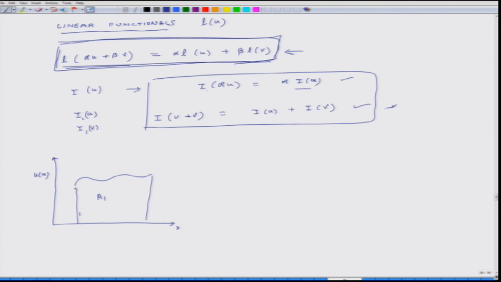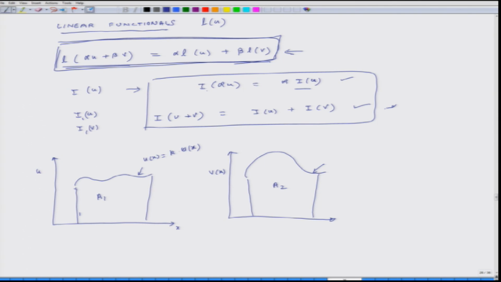Okay, and let us say this curve u of x is represented by some constant k times u of x, and I have another function, v of x, and here also I am interested in finding the area under the curve, which I call A2.